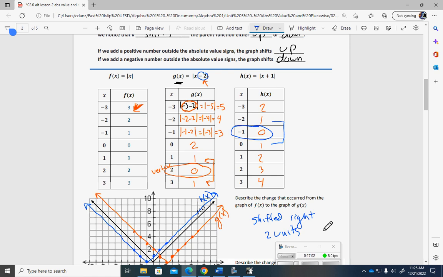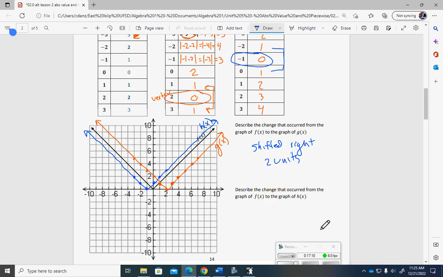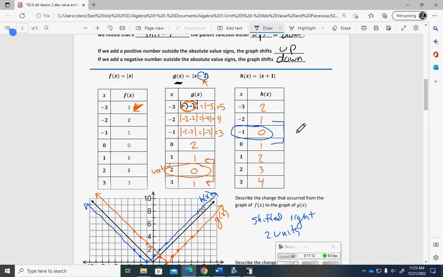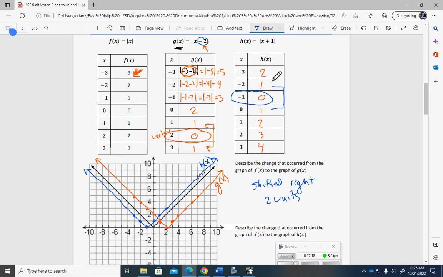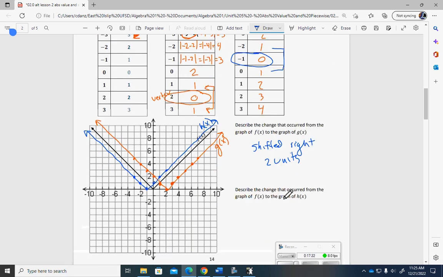We might not have to fill in a table of values anymore if we understand which way the function will shift. So if we write down what happened to h of x, since there's a +1 in here, it shifted 1 unit, but remember, it's a little strange, it shifted 1 unit to the left.